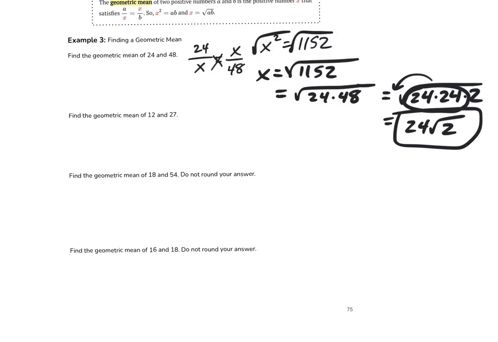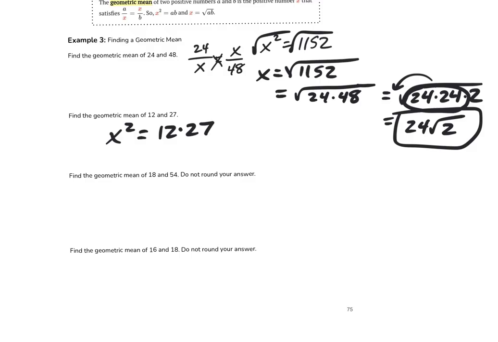All right, so here's what I'll tell you on these problems. If it says geometric mean, and there's no picture or anything like that given, you don't necessarily have to rewrite the proportion. Basically what we're saying here is x squared equals the product of those two numbers.